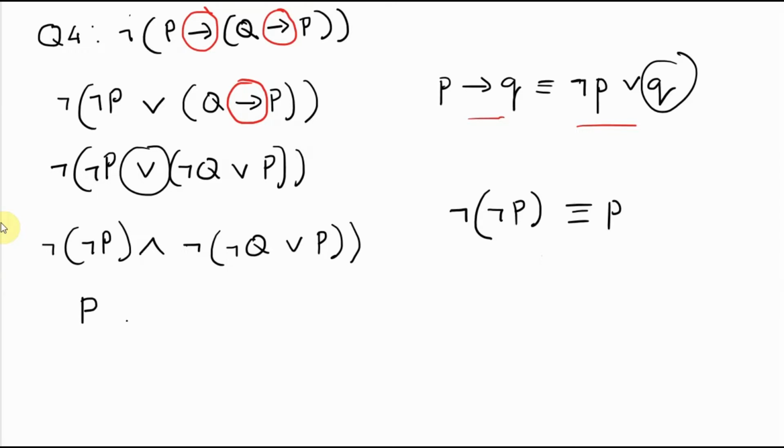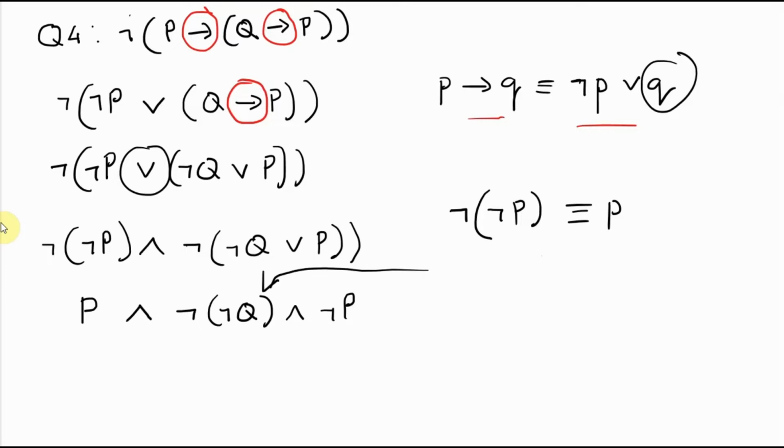And then we have to apply negation on this part of the compound proposition. So negation of not Q or P. When we open the parentheses, we have to negate the connective also, so negation of or is always and, and then negation of P. So now we have P and not of not Q and not P. But once again we have a double negation.